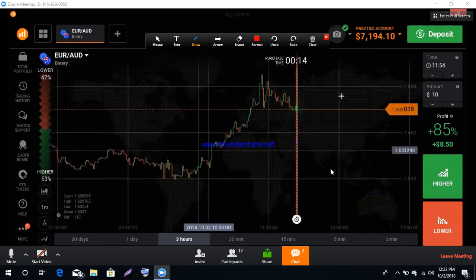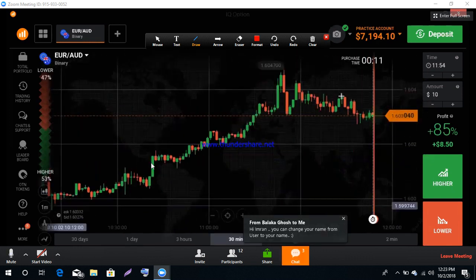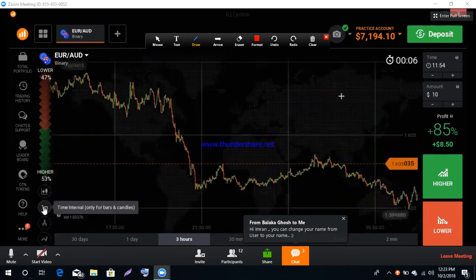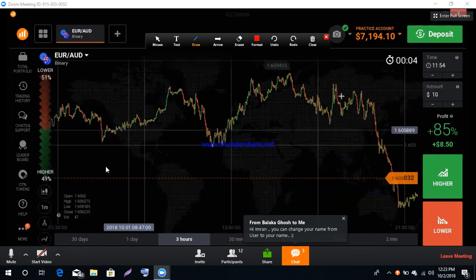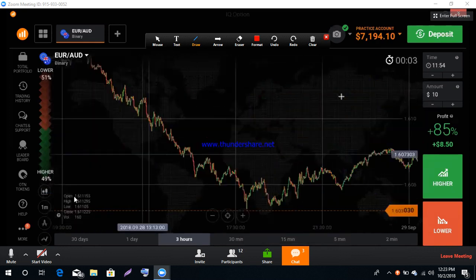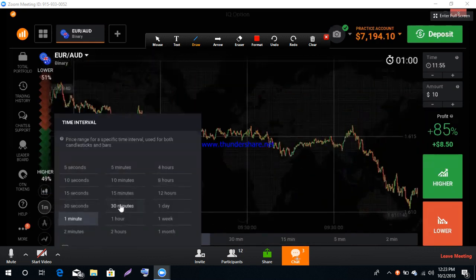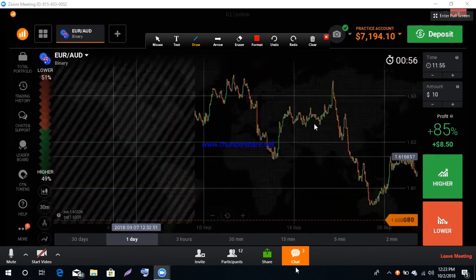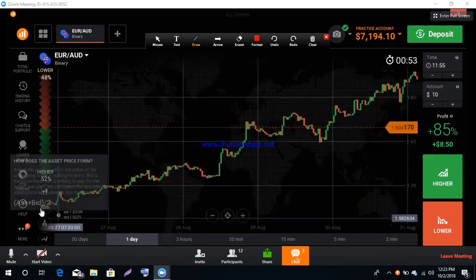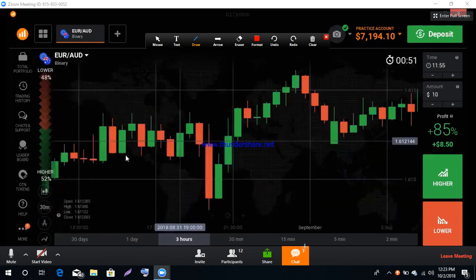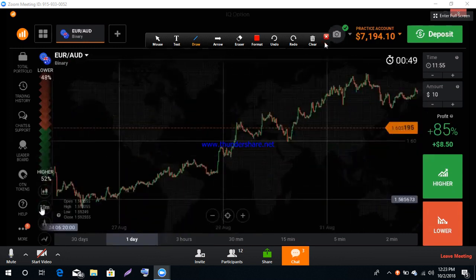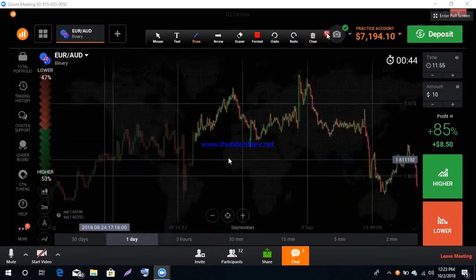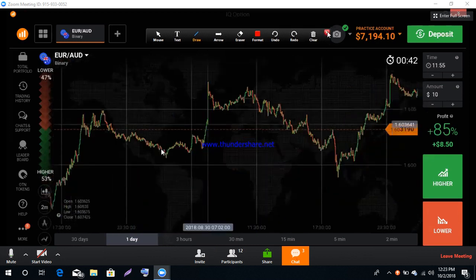You can identify the strong levels with the Fibonacci tool also, but we can't find them 100% surely. But when we draw manually in the past history, we can find the strong levels. Okay, so there is a level here.